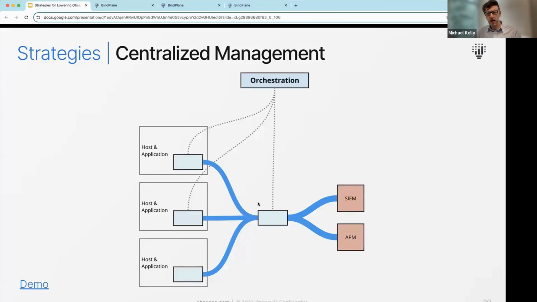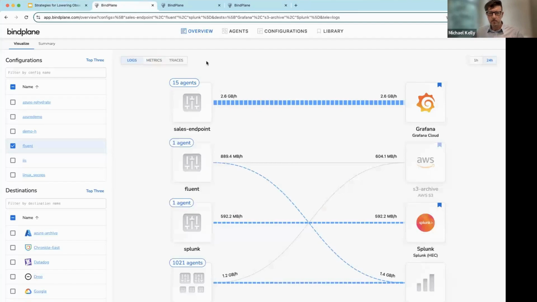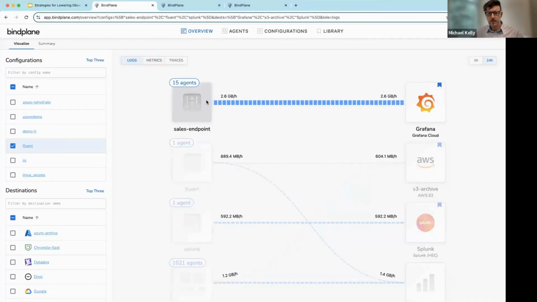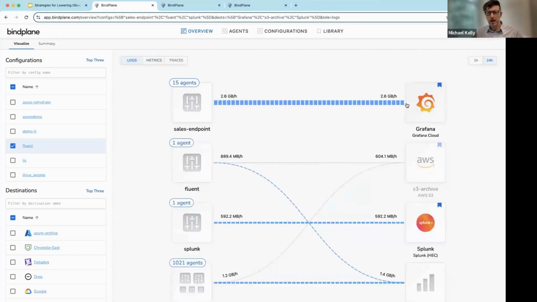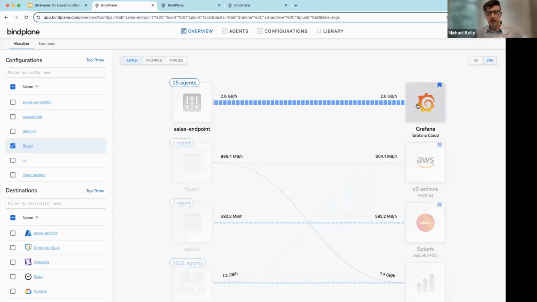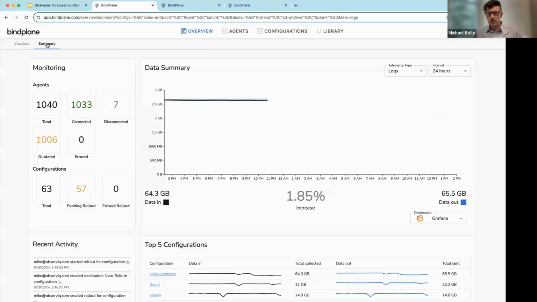So now we have the orchestration layer that's BindPlane, and it's managing this fleet of 1,000 agents. When I determine that there's an issue, I might say, there seems to be a lot of data flowing in this one location that I'm not expecting, or maybe I saw some cost increases. We can also use this view and look at my summary.